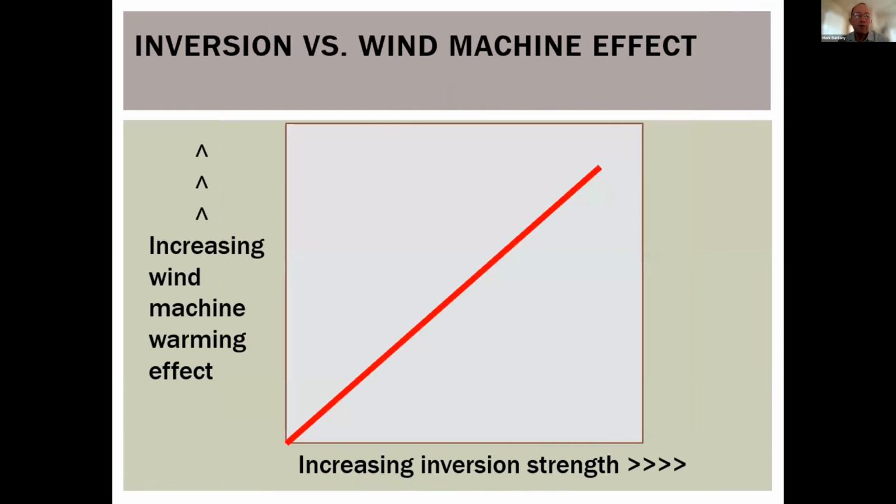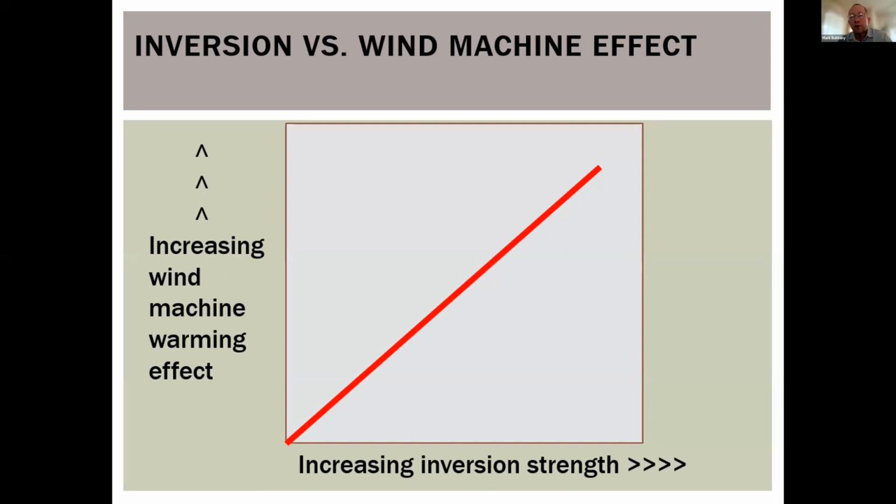And then how do we use this information? Well, this is the basic relationship with what we call the inversion strength. Inversion strength is just the difference in temperature between the two heights that we're measuring, for example 35 feet and 5 feet. Whatever that difference in temperature is, that's the inversion strength. Typically it's going to be warmer up high.